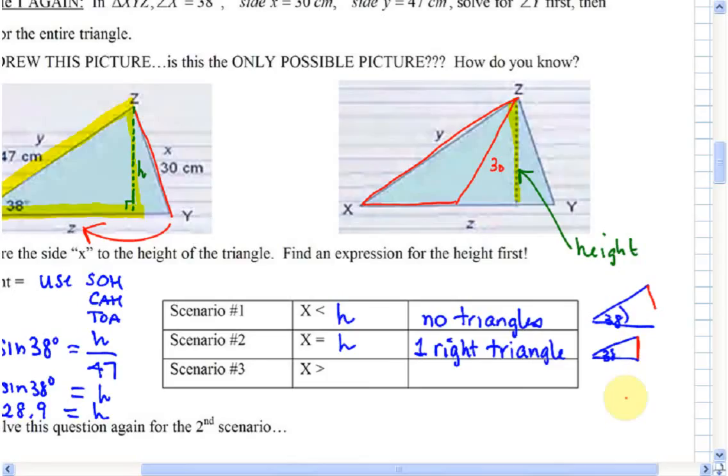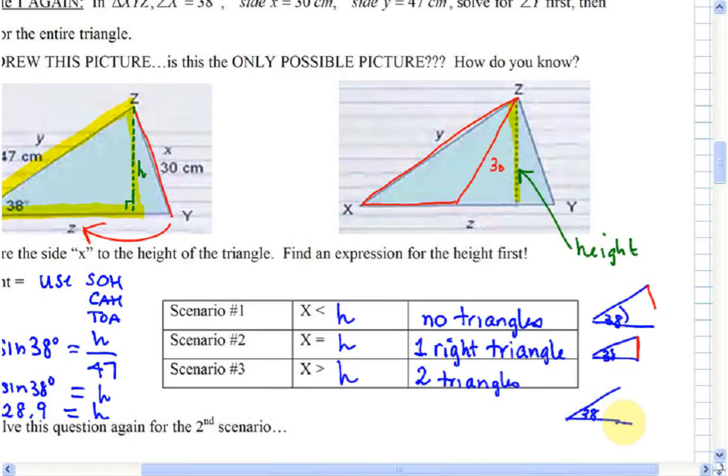So when do I get this case where I have more than one? When it's bigger than the height. That's right, not x, bigger than the height. So when it's bigger than the height, this is where you get 2 triangles. I'm going to try to draw it underneath here. So 38.